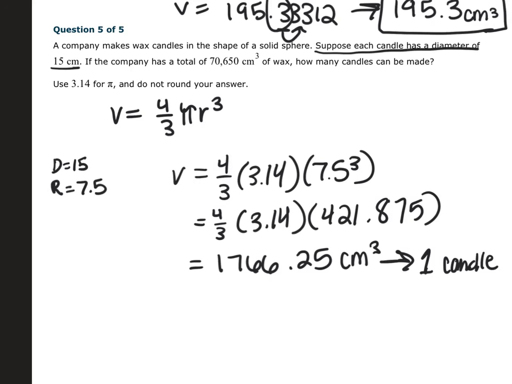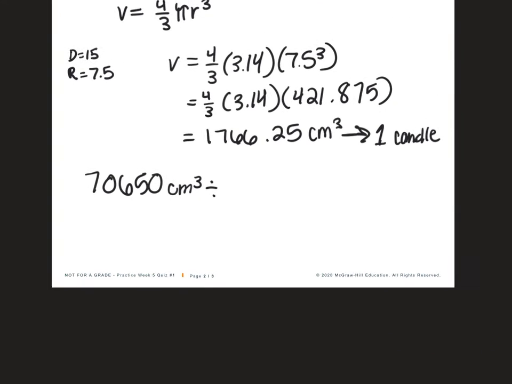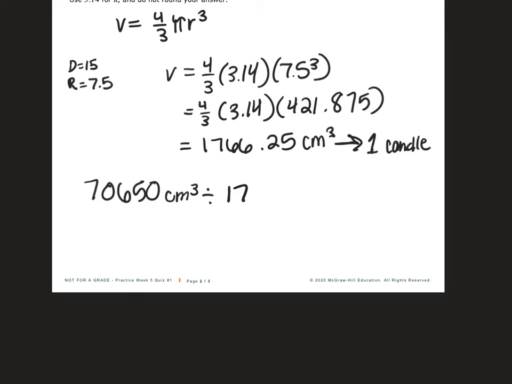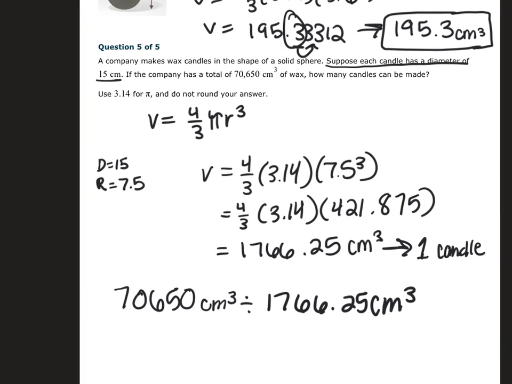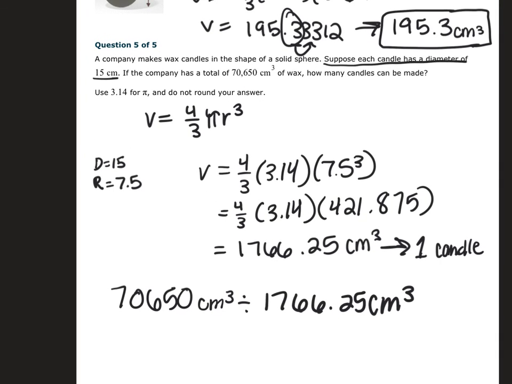So if I have 70,650 centimeters cubed of wax, I'm going to divide that by how much one is, and we'll be able to find out how many we can make. Because they give us that total amount.